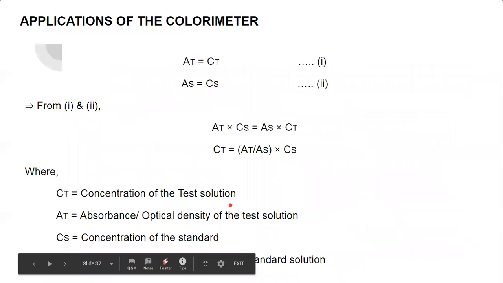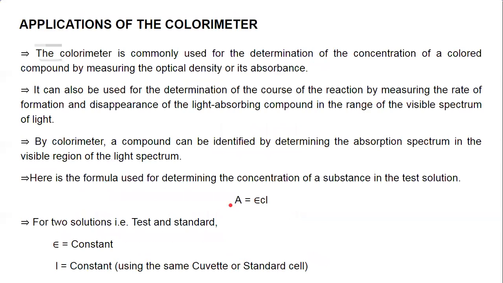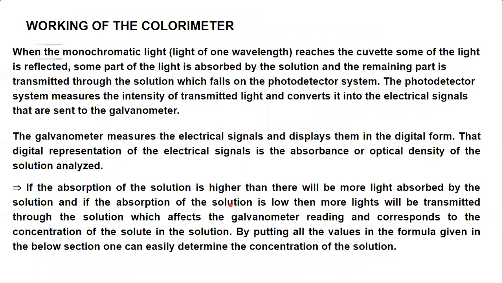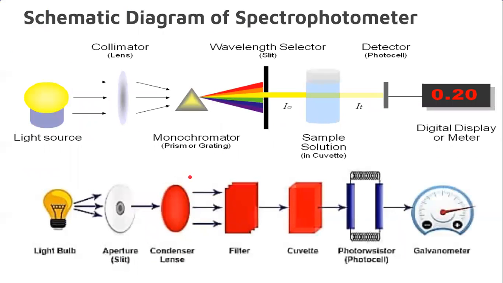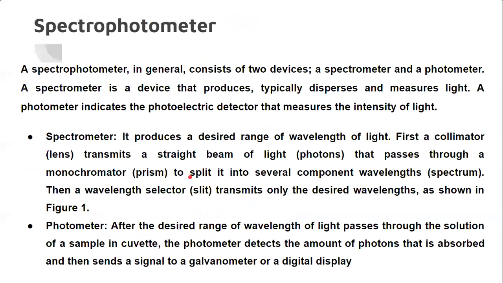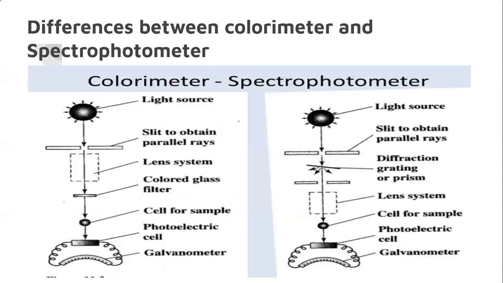Next, we will discuss the application of colorimeter, by analyzing iron in a water sample using the thiocyanate method. The first one is verification of Beer's law, that is, determination of iron by the thiocyanate colorimetric method.